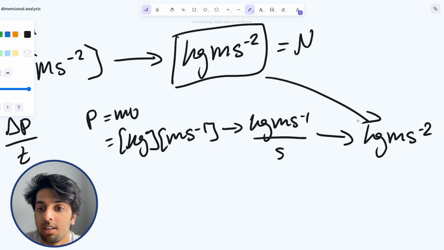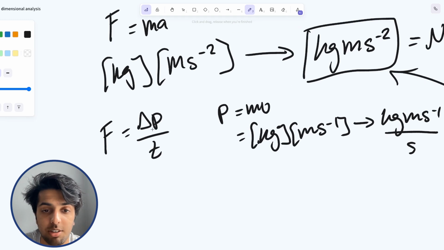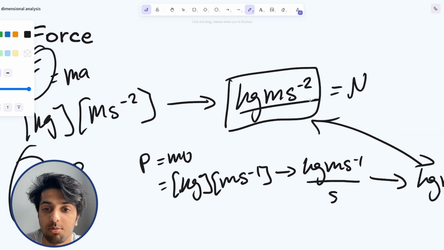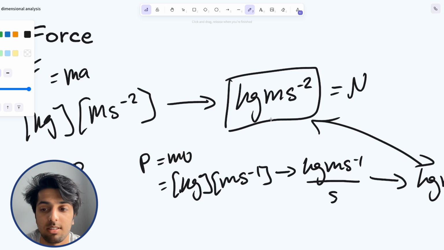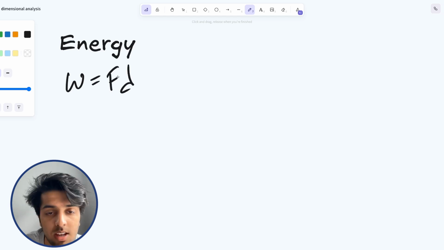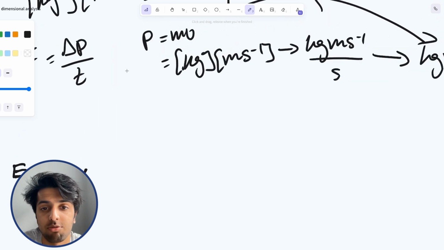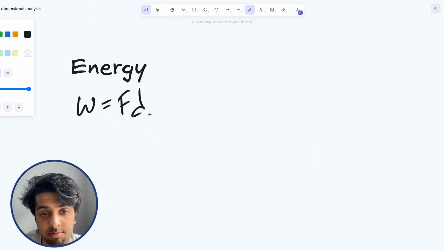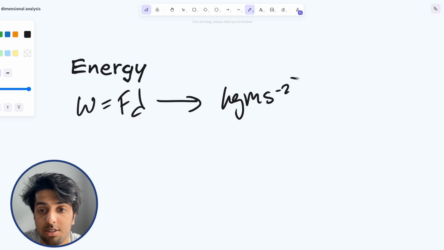So you see how even though these are two different equations, we can check the validity that force is equal to kg meters per second squared. Moving on to energy, we get our first equation: work is equal to force applied over a distance. We know that force from literally before is kg meters per second squared, right?